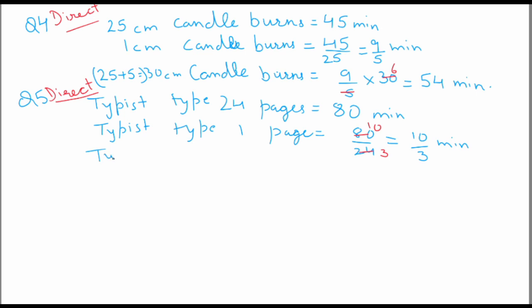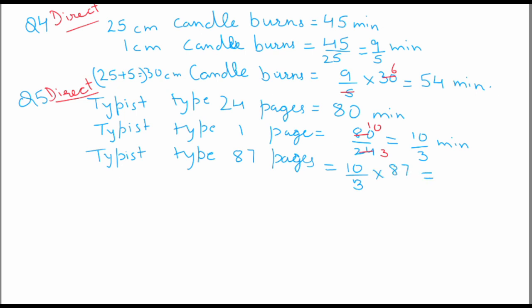And now how many pages does he have to type? That is 87. So typing 87 pages, ten over 3 into 87.